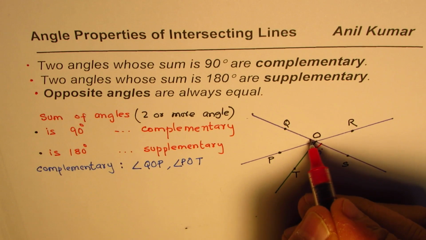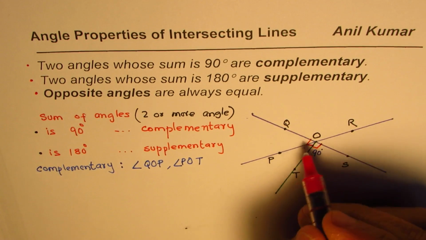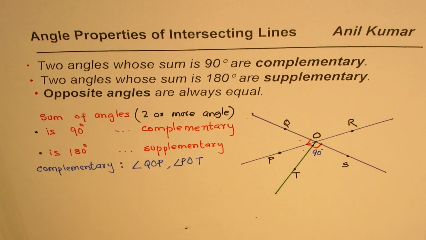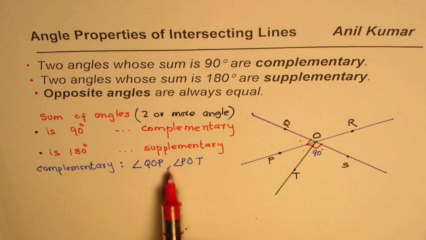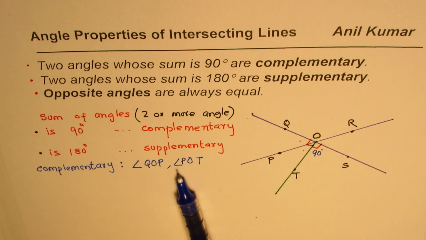Since it is 180, the sum of these two angles is 90, right? So the sum of two angles is 90. That's how we get it, right? So that becomes a set of angles which is complementary. So we say angle QOP is complement to angle POT, right? That is how it is.